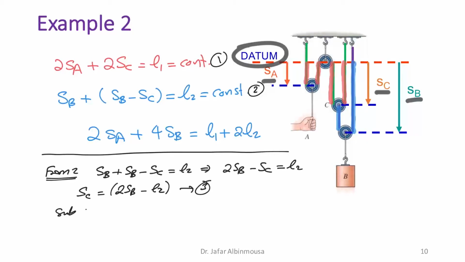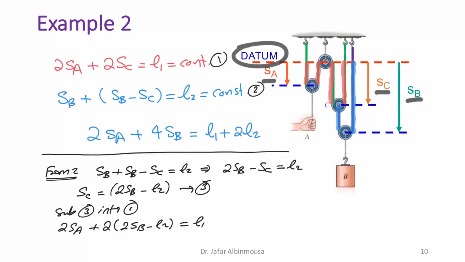So substitute 3 into 1, and you're going to get 2SA plus 2 multiplied by (2SB minus L2) equals L1.